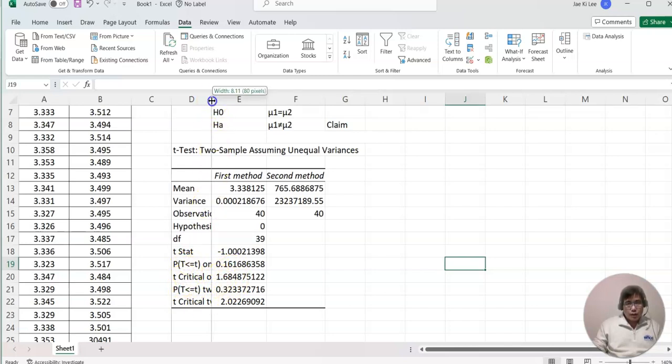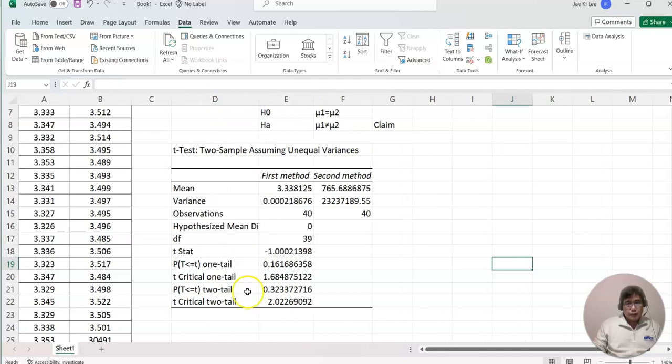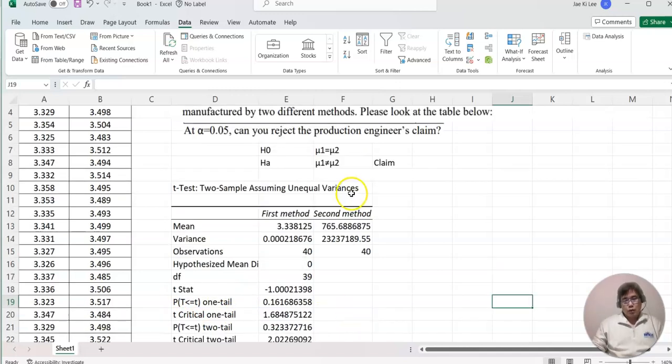I'm going to make it a little bit bigger. Here are the p-value for one tail and t critical one tail, and the p-value two tail and t critical value two tail. Now we need to see whether this is one tail or two tail. First of all, yes, it is two tail.